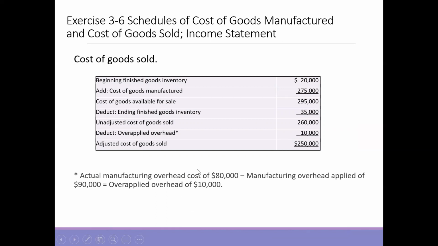So if actual manufacturing overhead costs are 80, but we applied 90 to this job, we over applied it, right? So we're going to subtract that 10,000 from this cost. Make sense? If it was under applied, then we'd add it to the cost. Since we over applied it here, we're going to subtract it.